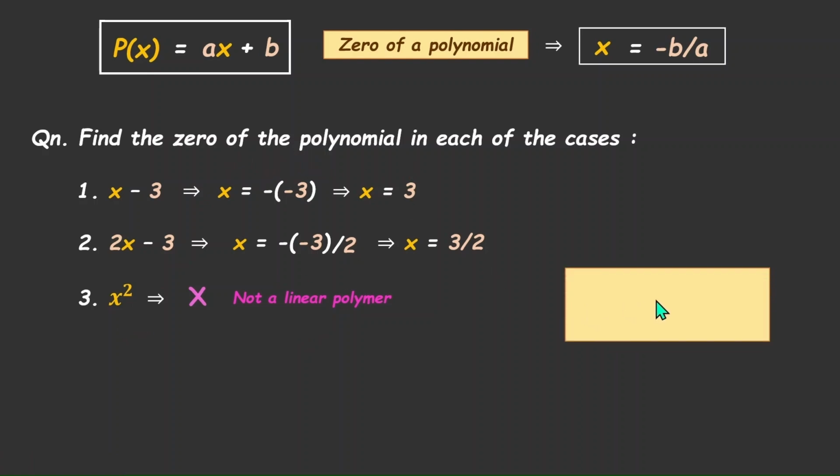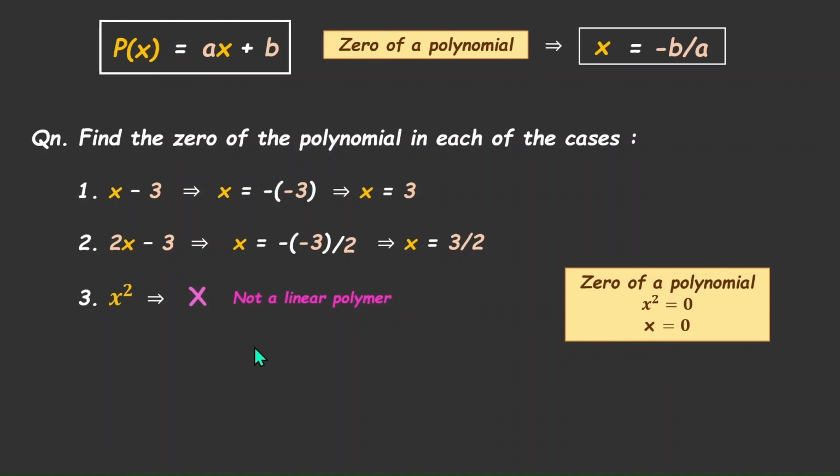The zero of a polynomial is simply the value of x for which this polynomial is equal to 0. So for x squared is equal to 0, we can see that x is equal to 0 is the value. So for this polynomial, the zero of the polynomial would be x equals 0.